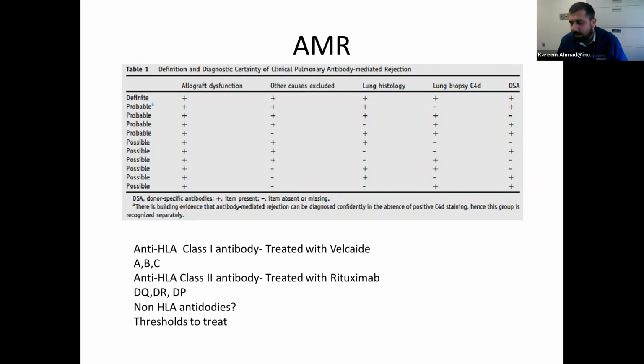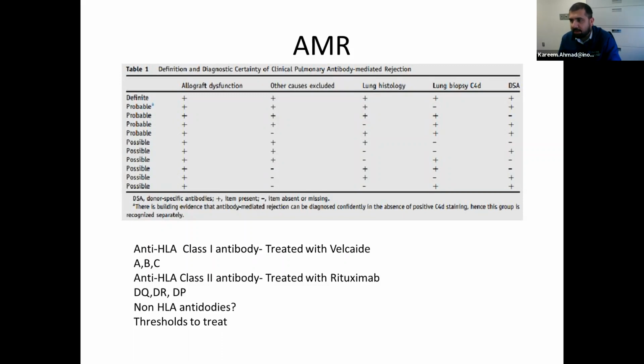Again, I showed you a slide earlier with staining and fluorescence even, to really show you that complement fixation in the vasculature of the allograft is really how antibody-mediated rejection leads to chronic dysfunction and to acute dysfunction.